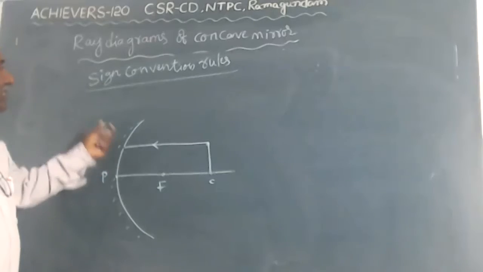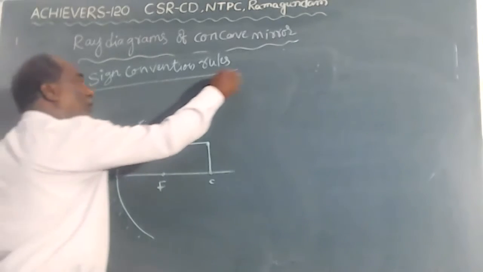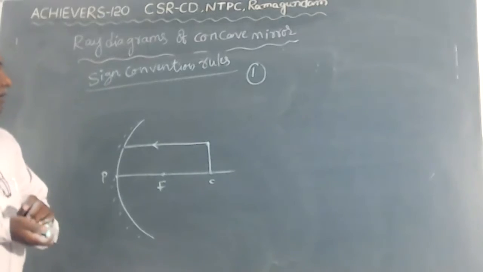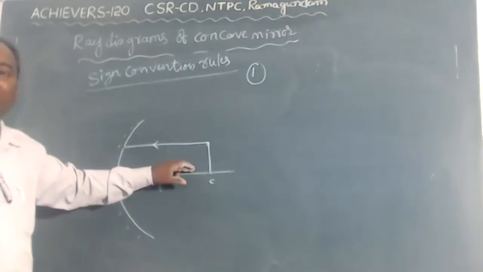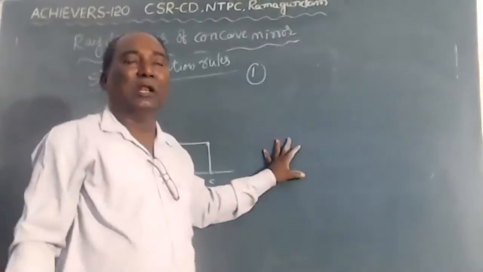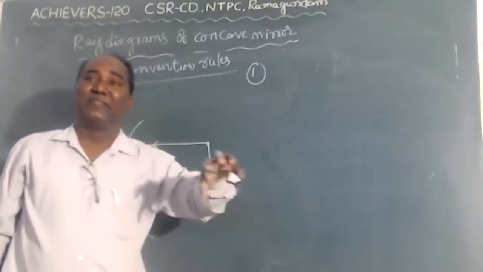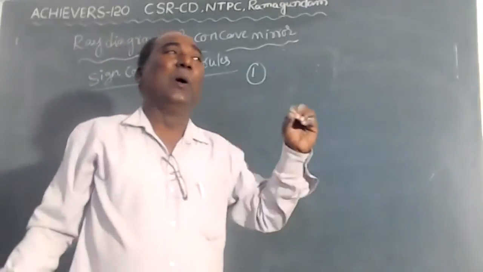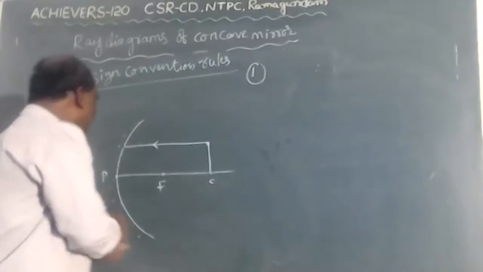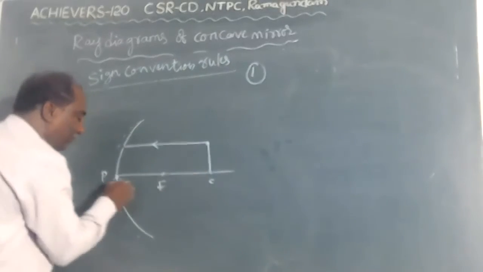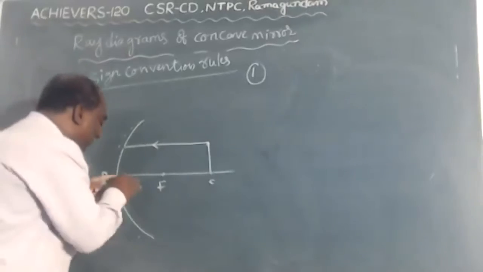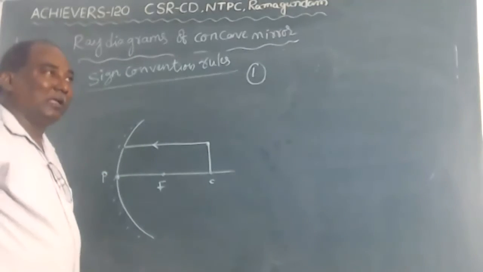What the sign convention rule means, the first rule: all distances are measured from the pole. Every distance, either object or image, every distance we should measure from the pole. Means we have to measure from here to here. Every distance we should measure from the pole.